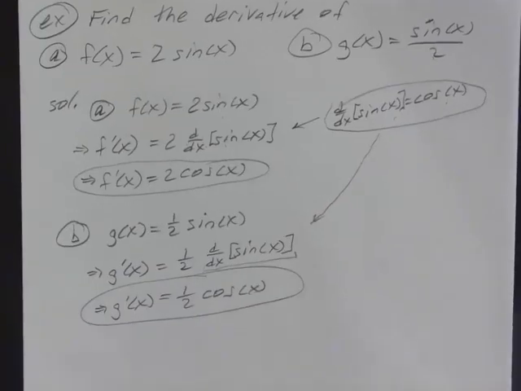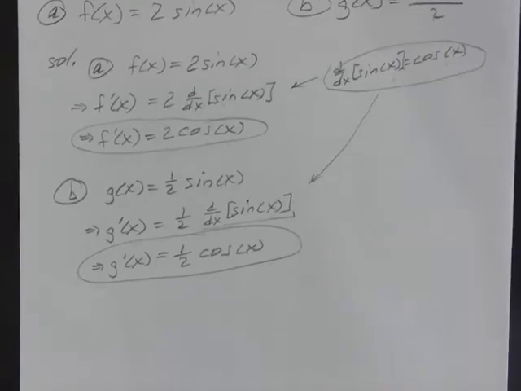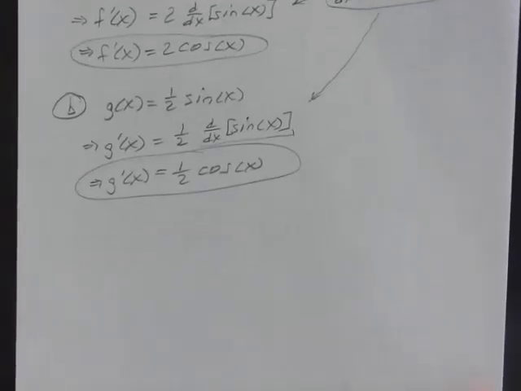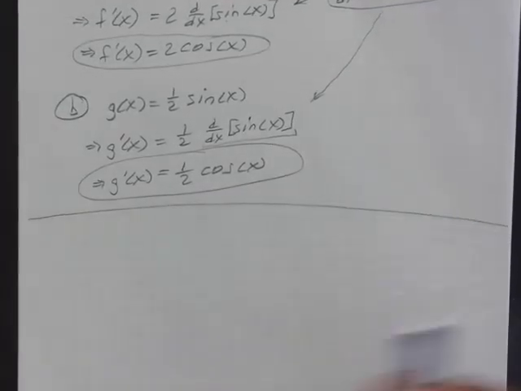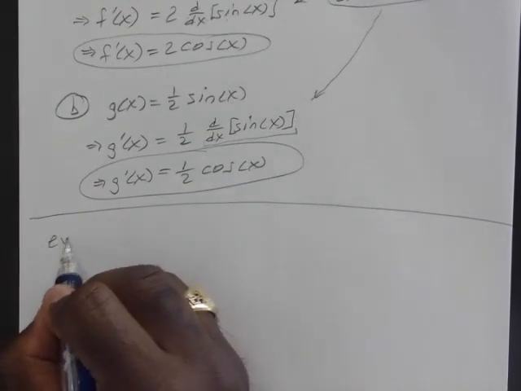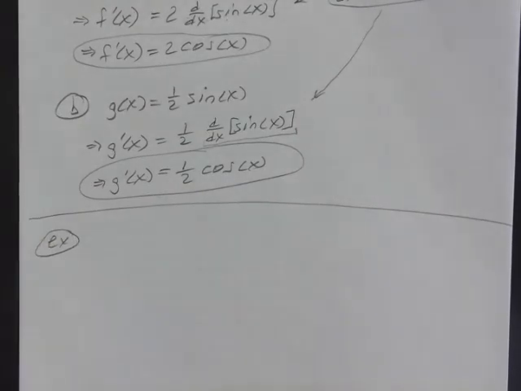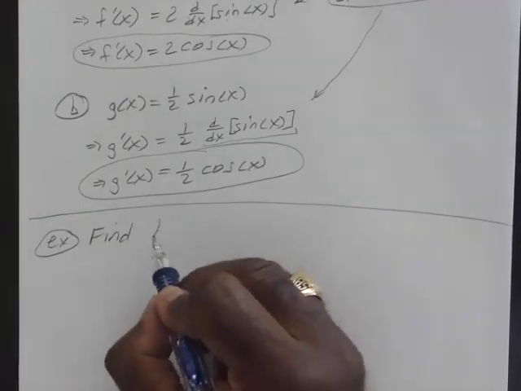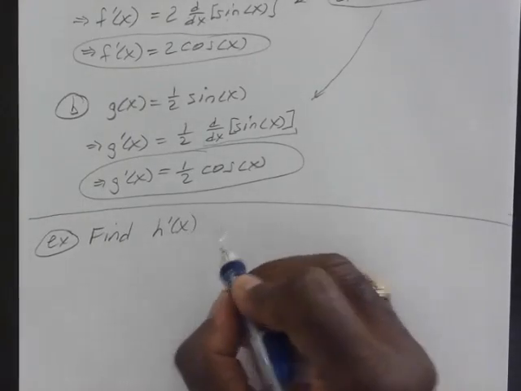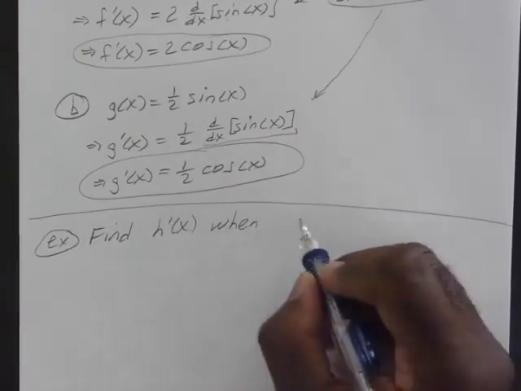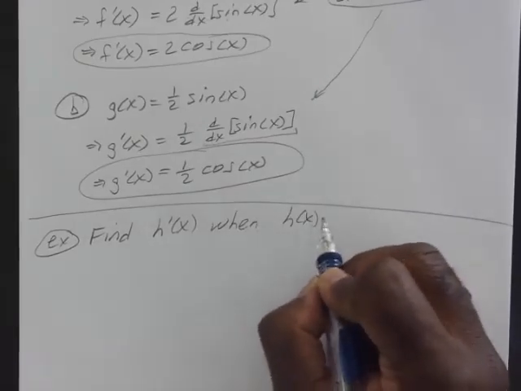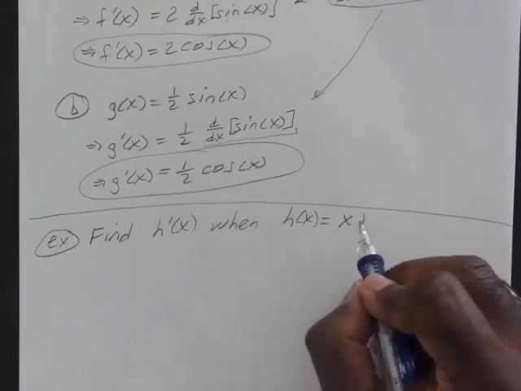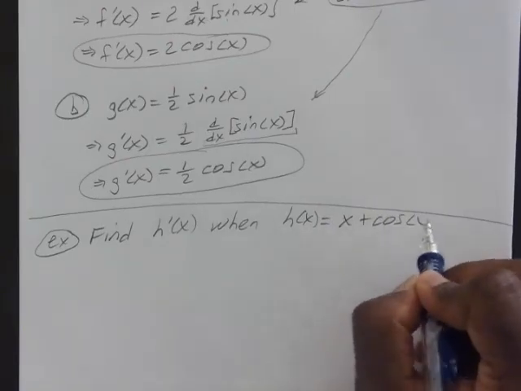Okay. Let's do one with cosine. Okay, so what if we want to find h prime of x when h of x is equal to x plus cosine of x?